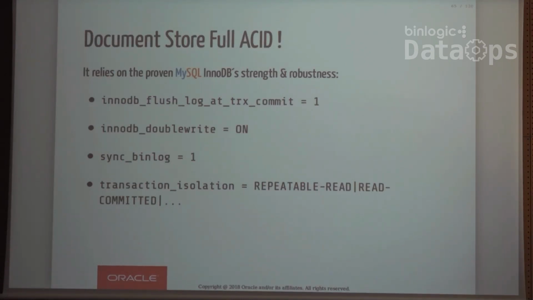Transaction isolation, you have all these transaction isolation levels possible, so transactions are supported, right? Because there is one very important thing in MySQL, for document store, for InnoDB, for everything we do, is that we do care about your data, right? For us, the data is the most important.